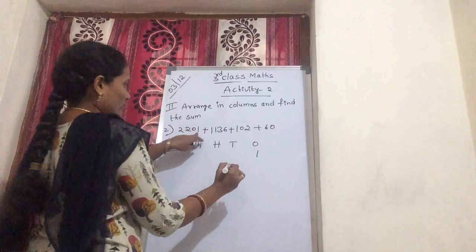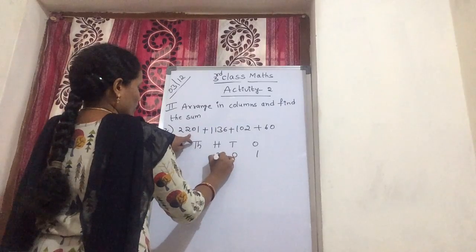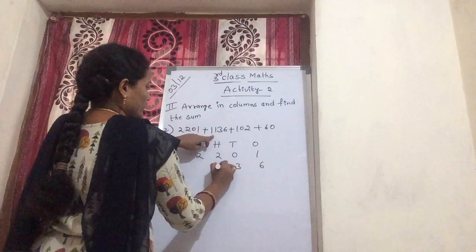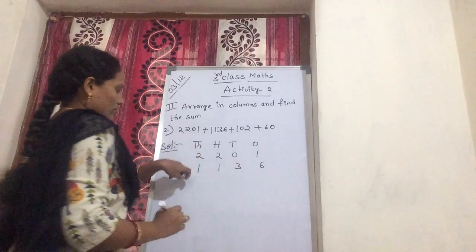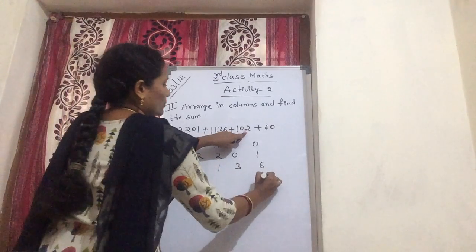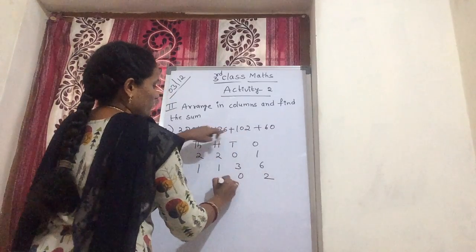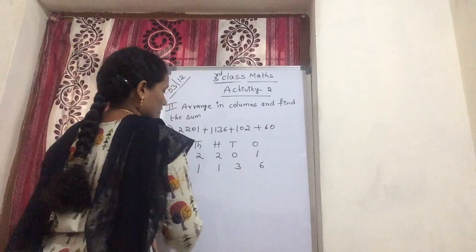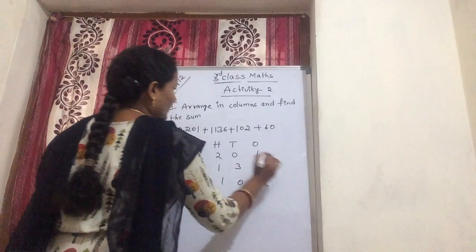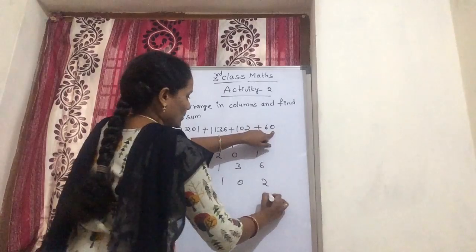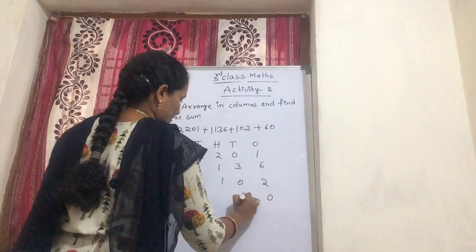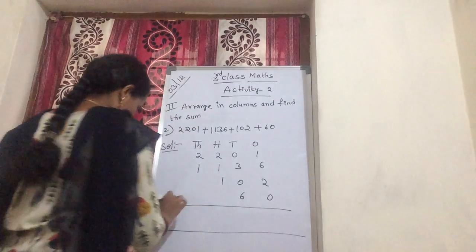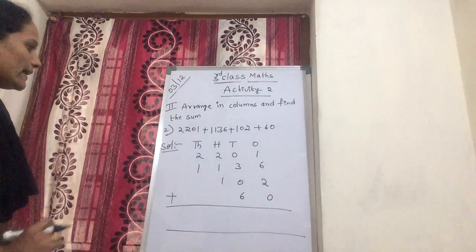The first number is 1, 0, 2, 2. Next, 6, 3, 1, 1. Next, 2 ones, 0 tens and 1 one. Here no thousands are there. Next, 0 ones and 6 tens. Hundreds and thousands are not there. Now you should add.